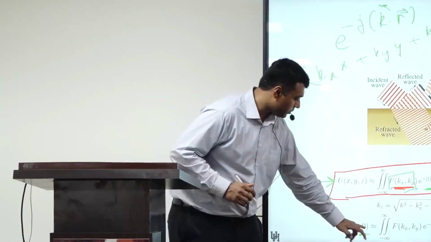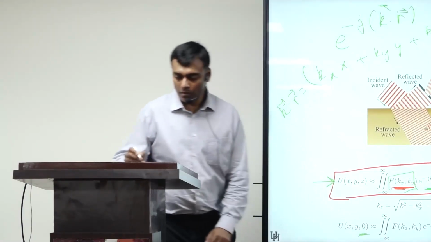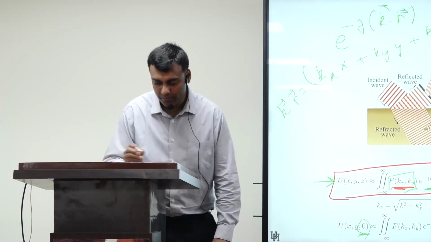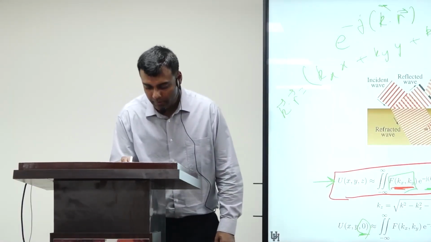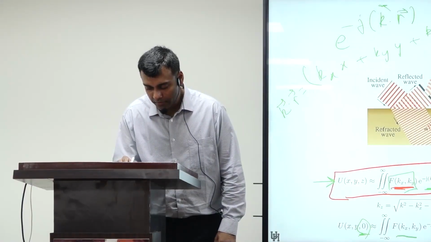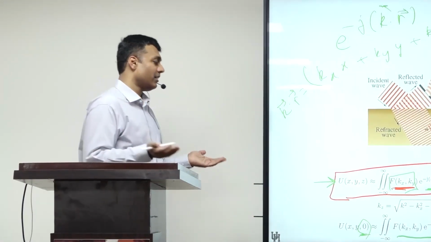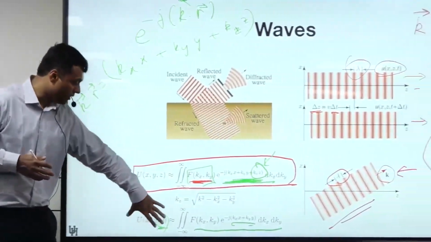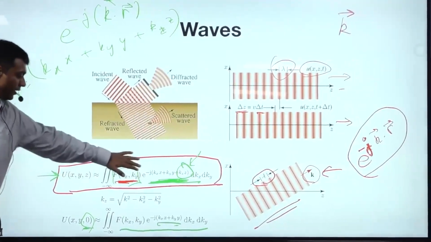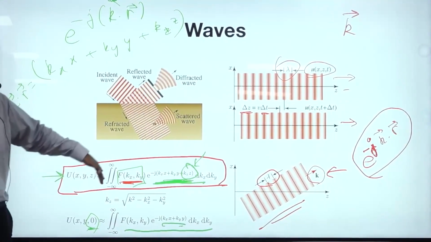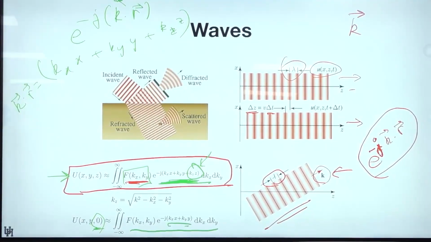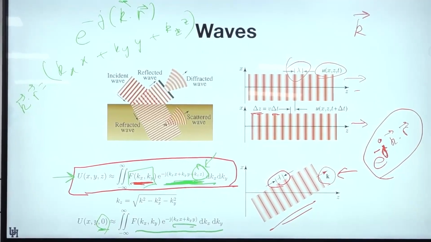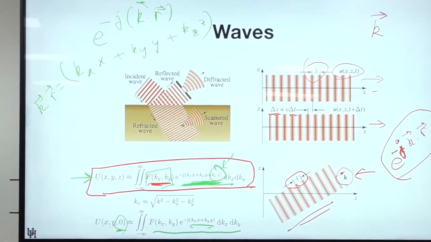Put z equal to 0 in here, and this particular term will become 0. So this will be kxx plus kyy, and this is essentially a simple Fourier transform relationship. So you have the field here, and you can figure out the field at any other point using this kind of equation. Any questions about this?